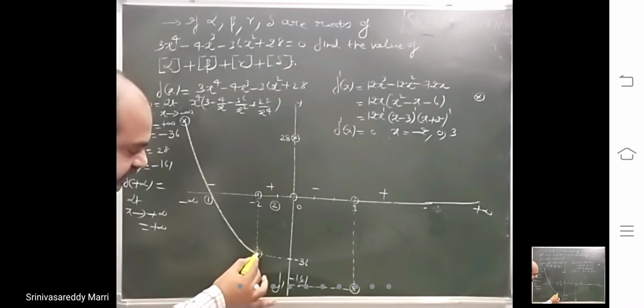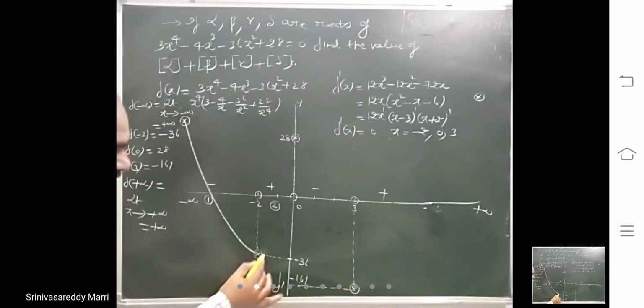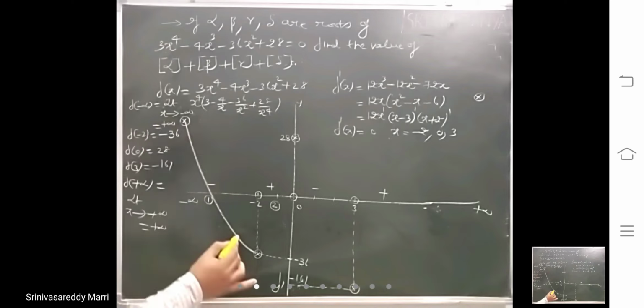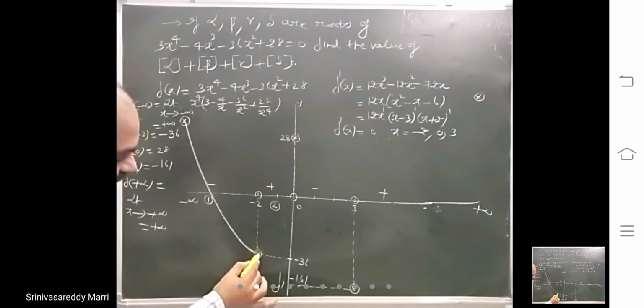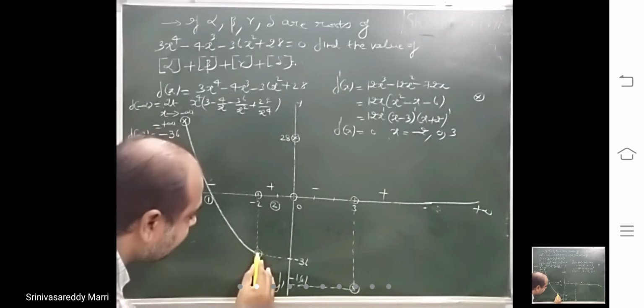That means from this point to this point. Decreasing means top to bottom, so increasing means from bottom to top. Connect that point like this. Don't take it there and like this.